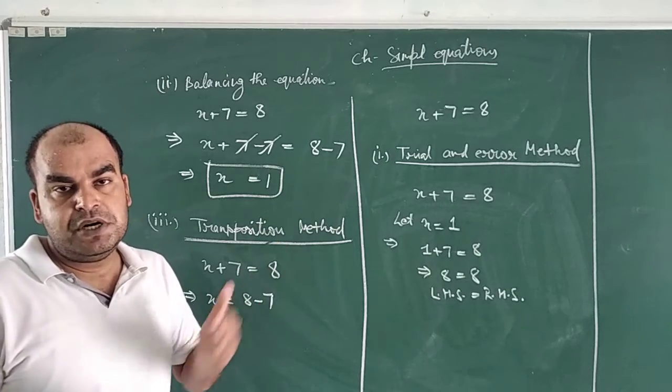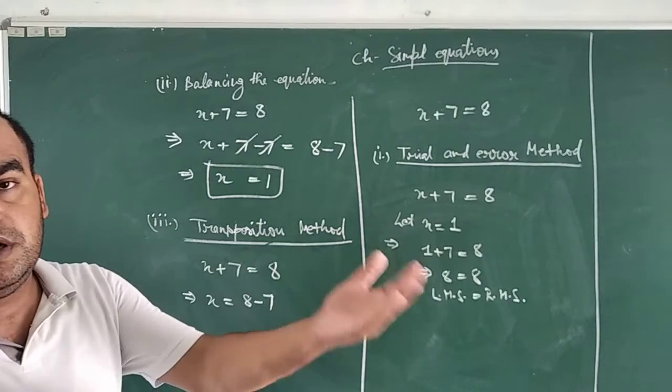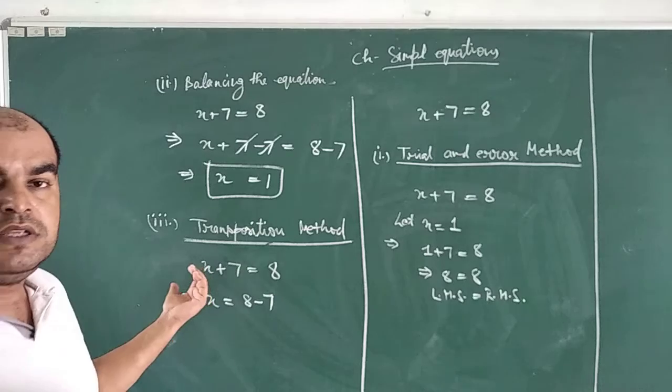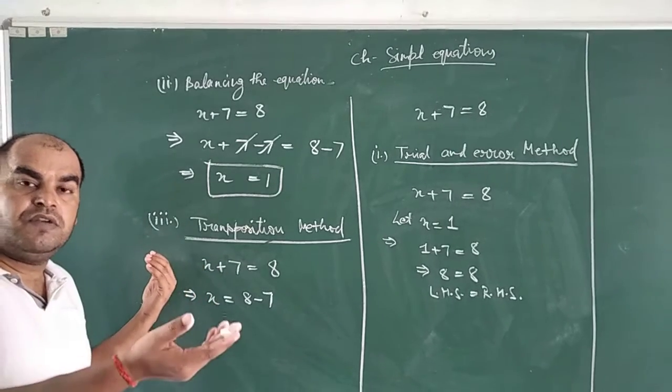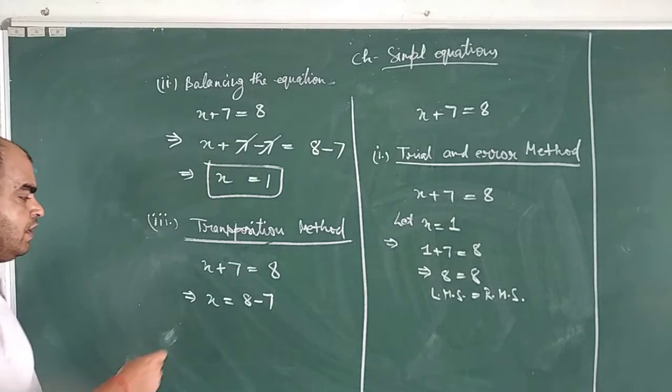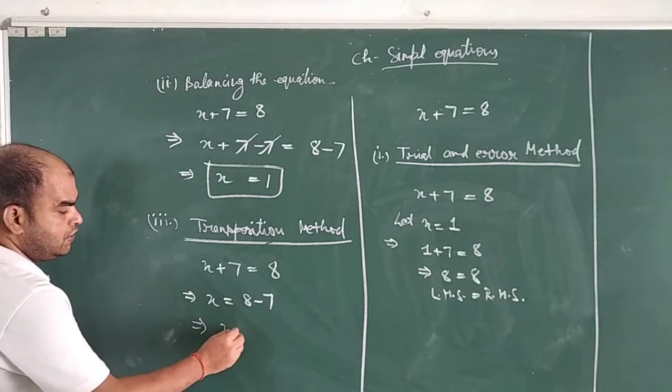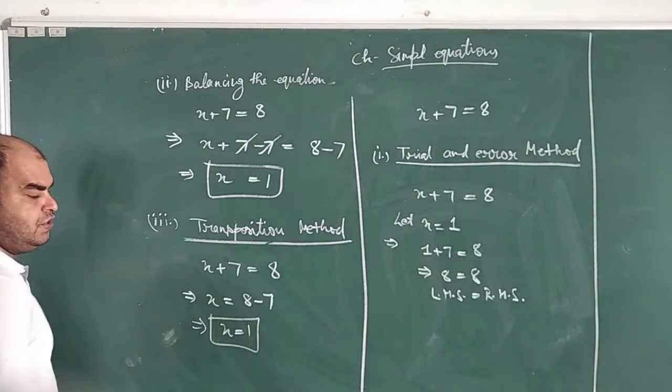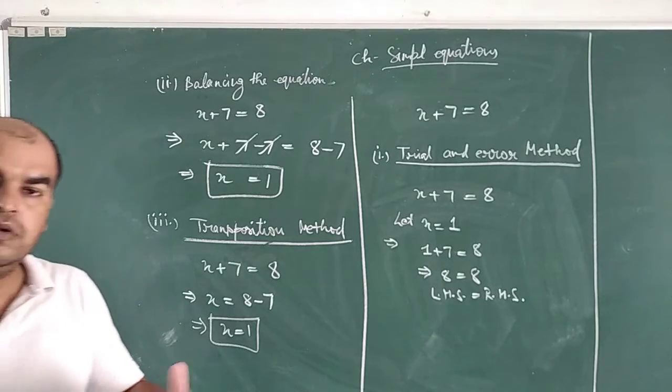If any number is in multiplication, then it will be in division on the other side. If any number is in division on this side, then on the opposite side it will be in multiplication. So you should remember this. By this way you can see you are getting x equal to 1. This way also you got x equal to 1.